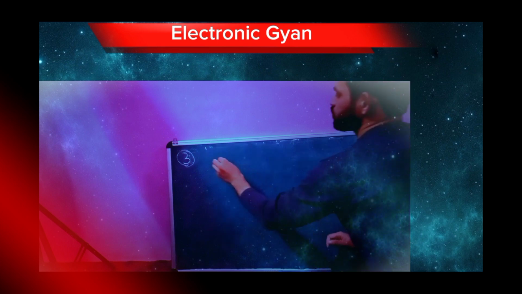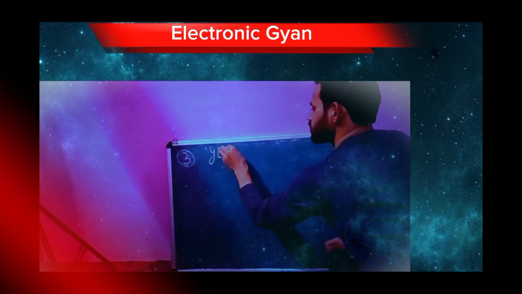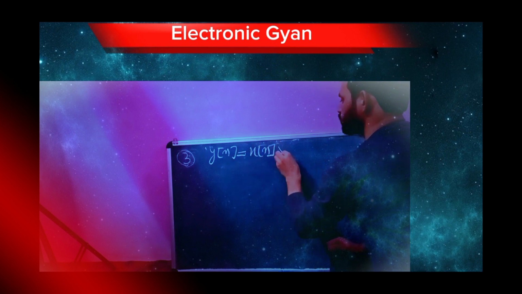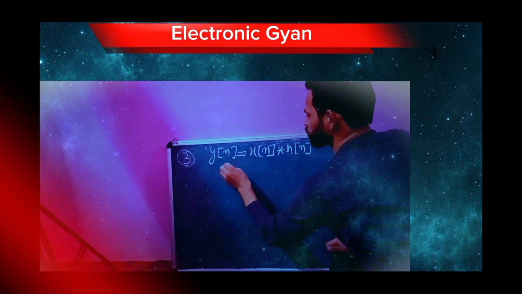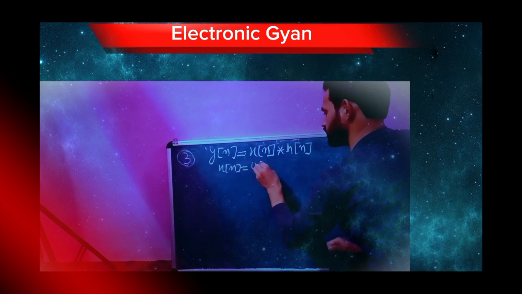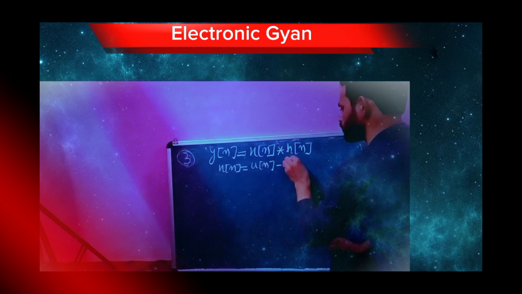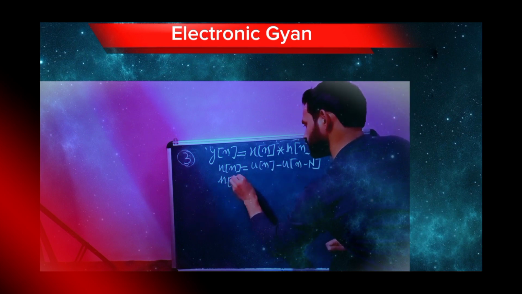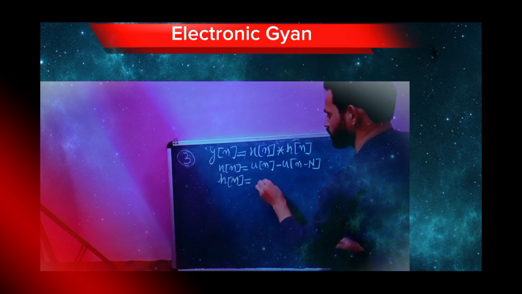Okay, so now this is what: y of n is equal to x of n convolution h of n. Yes, where my x of n was u of n minus u of n minus capital N, and my impulse response was h of n is equal to alpha to the power n u of n.